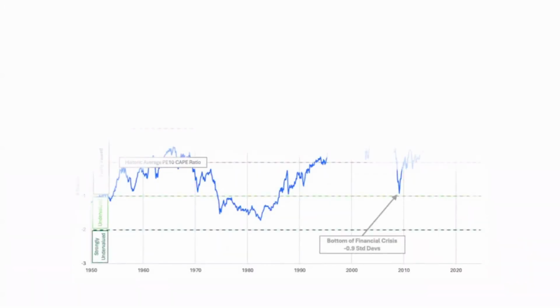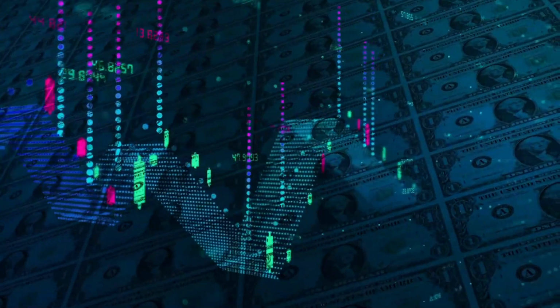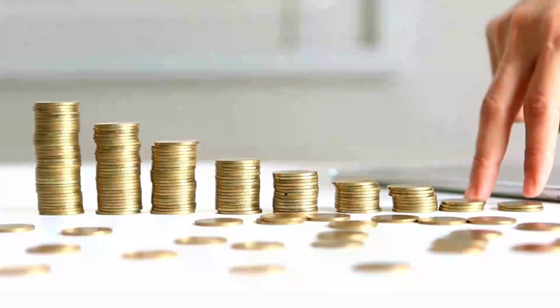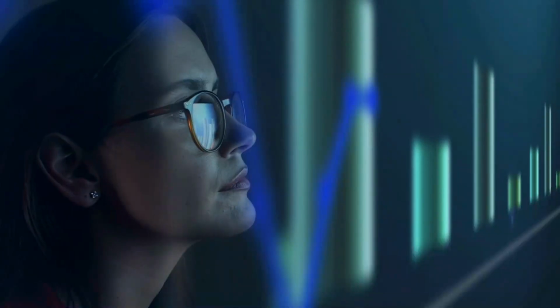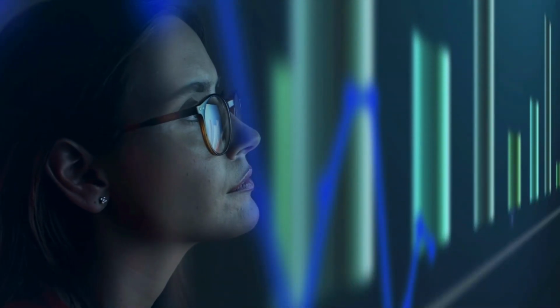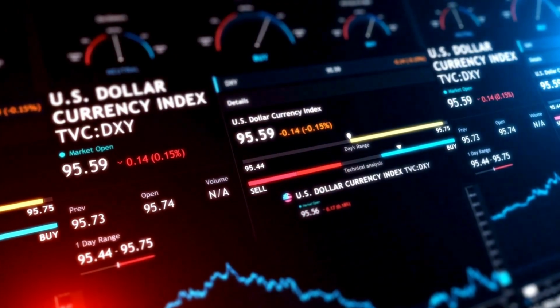The PE ratio of the S&P 500 is often used as a benchmark for the entire market, as it reflects the average valuation of the largest U.S. companies. When we look at historical PE data, we see that high PE ratios have often coincided with market peaks and subsequent corrections or downturns.